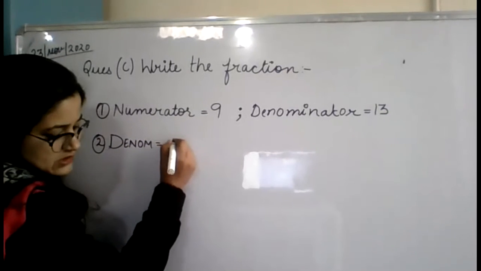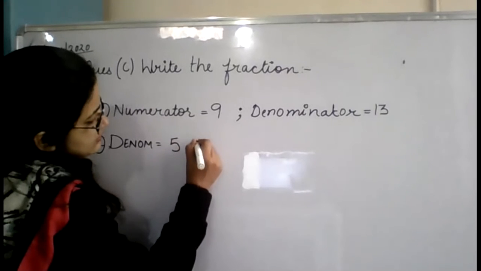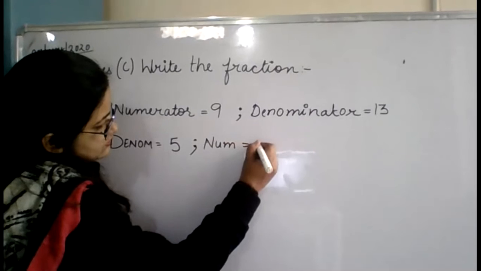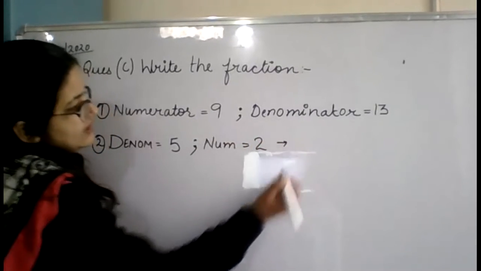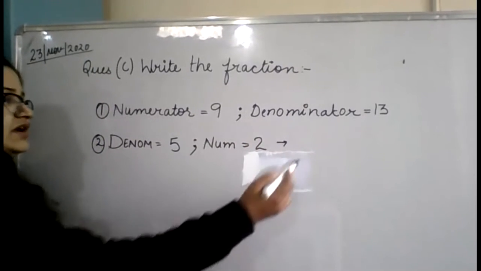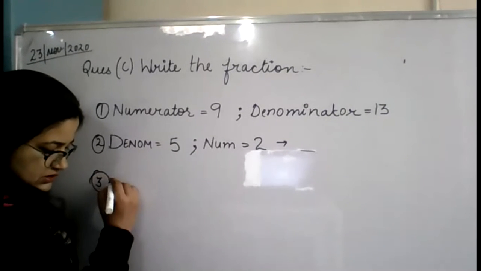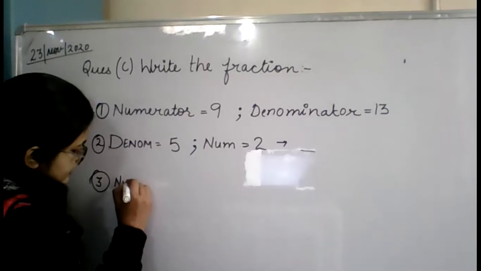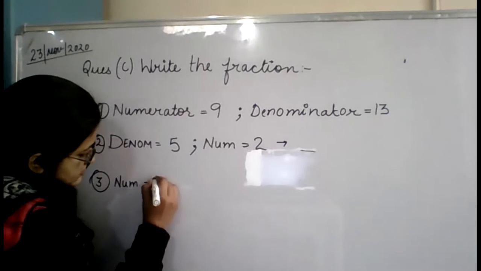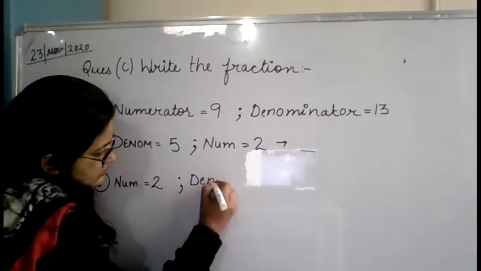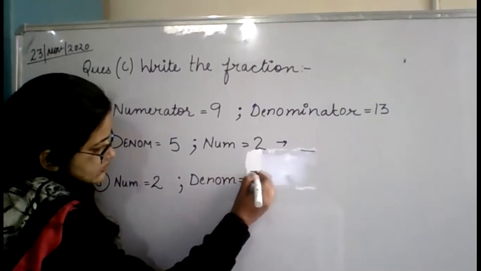Denominator is 5 and numerator is equal to 2. And write the fraction here. You have to write down the fraction here. Then the third part is numerator is equal to 2. Put a semicolon and denominator is equal to 3.